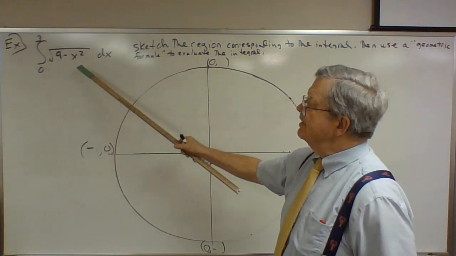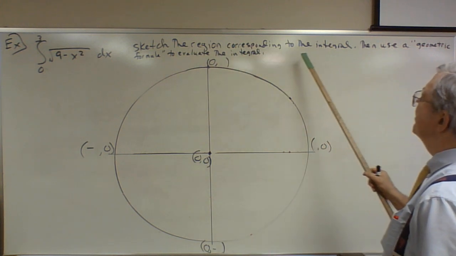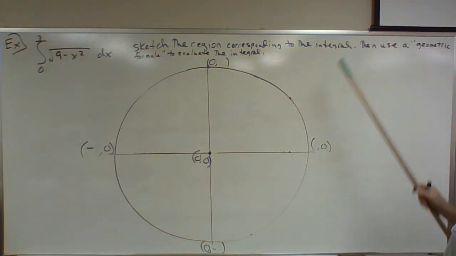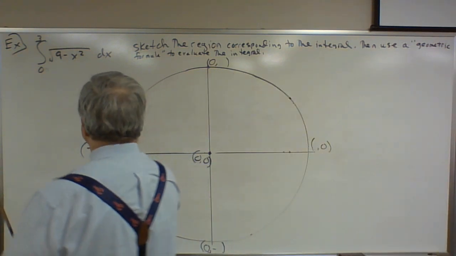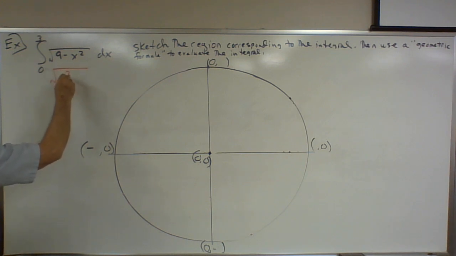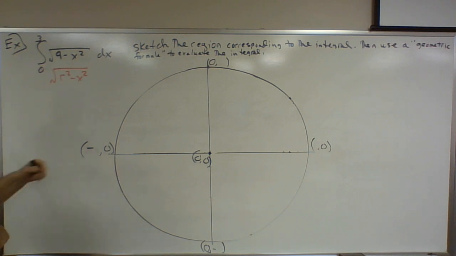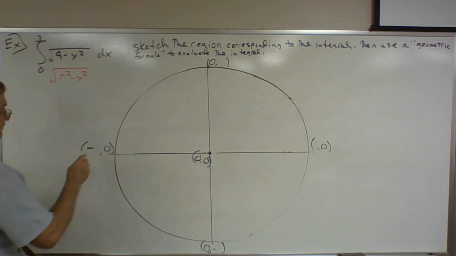Okay, here's our integral. And it says, sketch the region corresponding to the integral. Well, let's see. Our integrand here is of the form the square root of r squared minus x squared. So this is a semicircle of radius r lying above the x-axis. And r squared and 9 are the same, so that means that it's a semicircle of radius 3 lying above the x-axis.